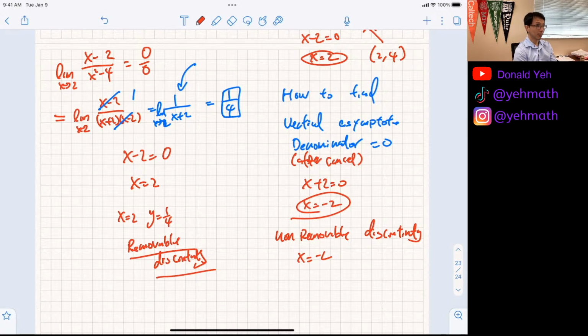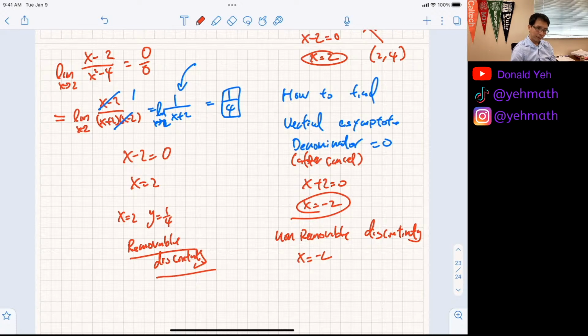I can fill in that hole, it's continuous. If I don't fill in the hole, it's non-continuous. But a vertical asymptote, there is no way for you to fill it in because that's an infinite line. Even if you fill in the line, it's not going to be continuous, because you cannot have a function like that.